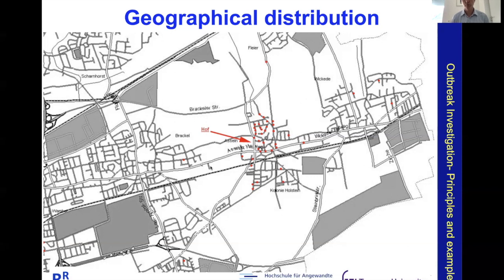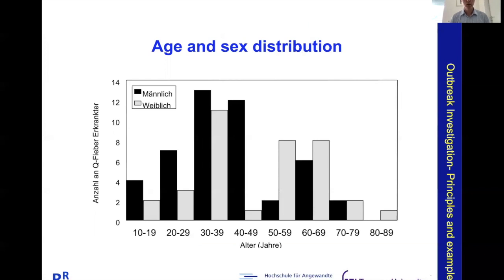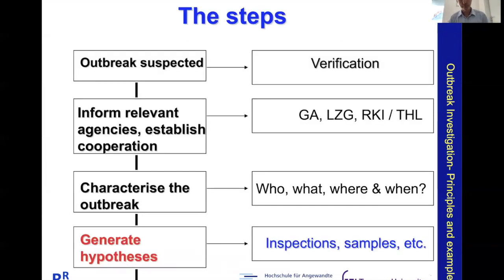Right? I hope you agree. Okay. And the age distribution, as we said, it's male, female, all age groups, more the middle age, but we don't have information whether they are not in the majority anyway in this region.